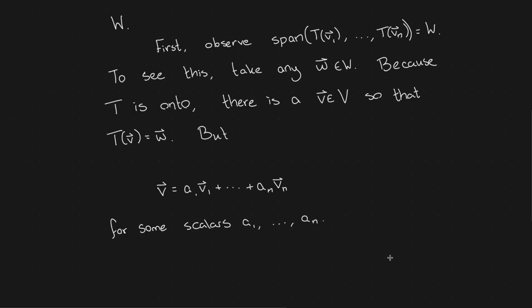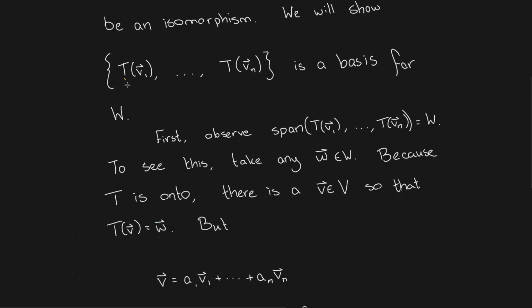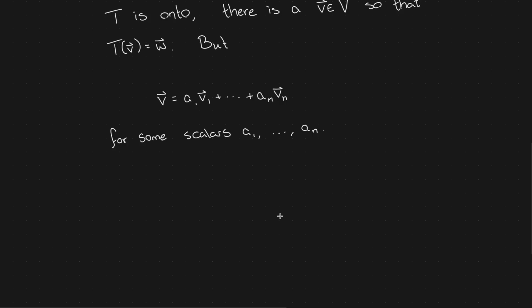Okay, now what we want to do is show that since v can be expressed as a linear combination of the vectors V1 to Vn, then w can also be expressed as a linear combination of the transformed vectors. To do that, we're going to take the linear transformation of both sides.